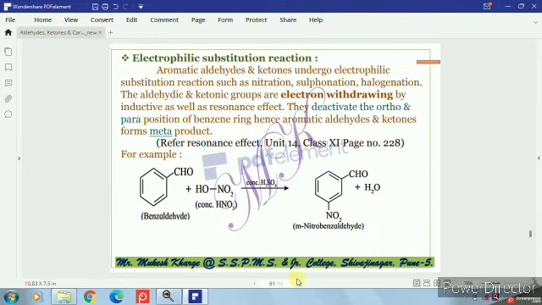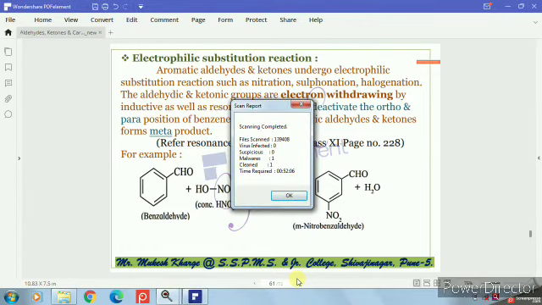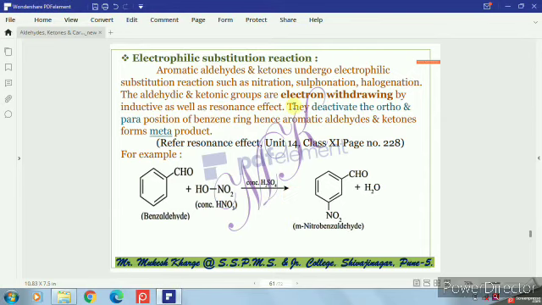Then next reactions are electrophilic substitution reactions. So aromatic aldehydes and ketones undergo electrophilic substitution reactions such as nitration, sulfonation, halogenation.